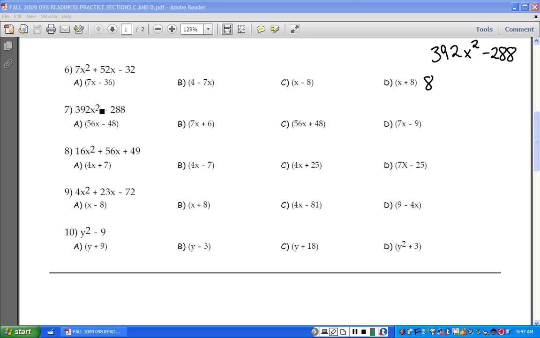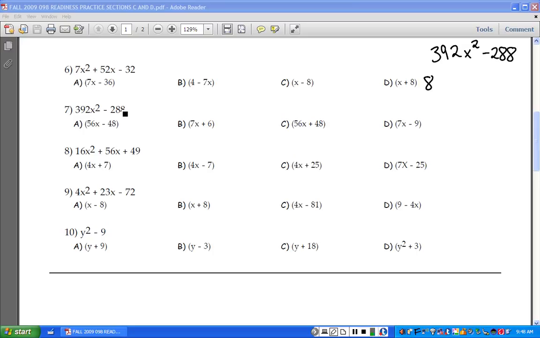Now let's check the variables, see if I can pull a variable out. I pulled out a coefficient. Now let me check for variables. I have an x squared here. I don't have a variable in my second term, so I can't pull out an x, because in order to pull out an x I'd have to have an x in both terms.